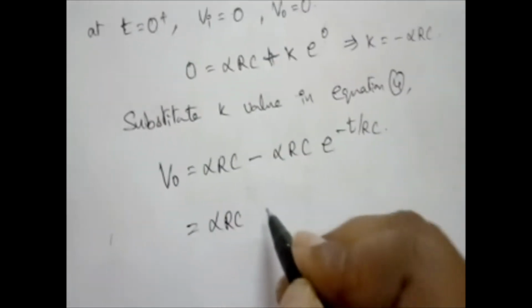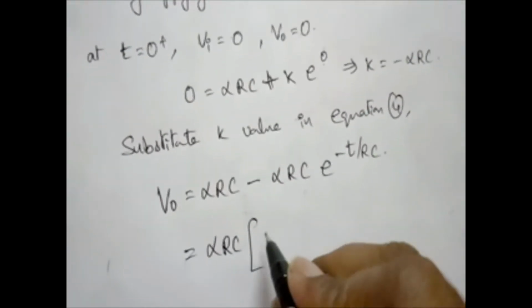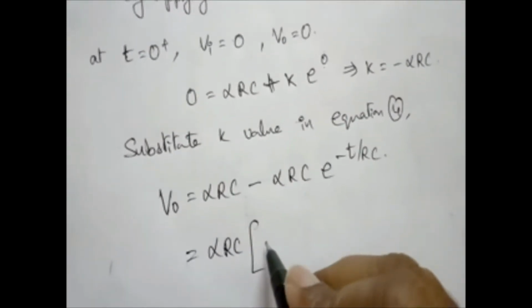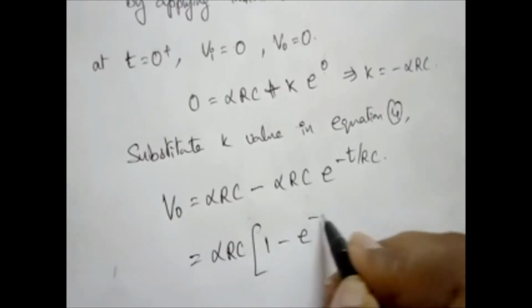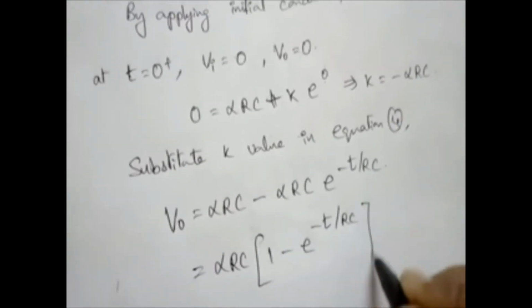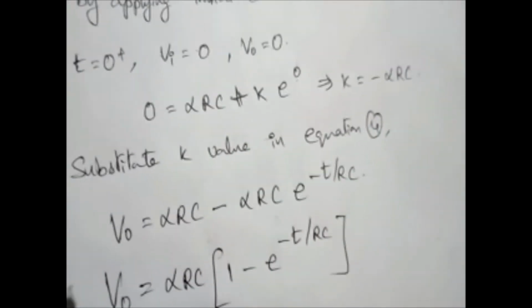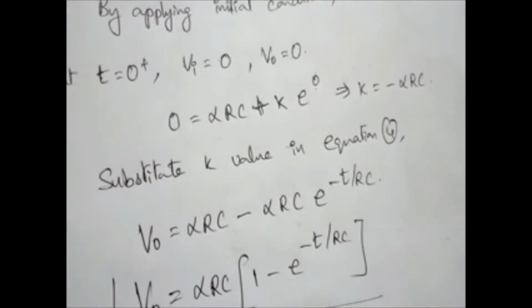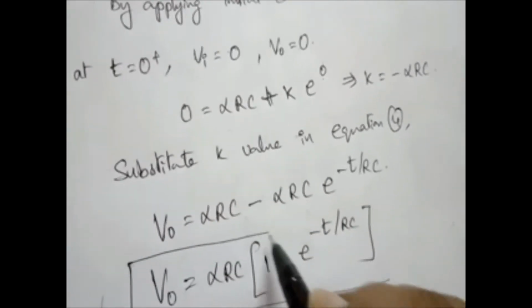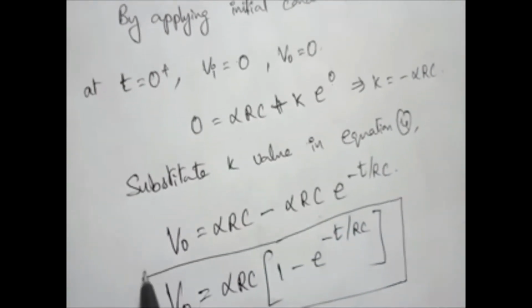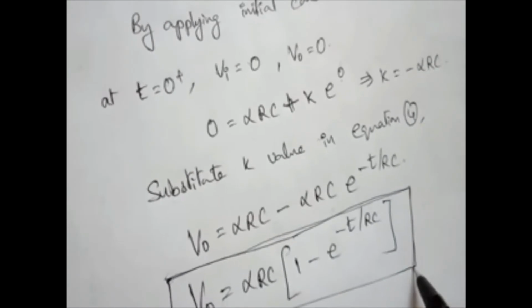Taking alpha RC common, we get alpha RC into 1 minus e power minus t by RC. So this is the expression for the output, or the response, of the RC high pass circuit for ramp input.